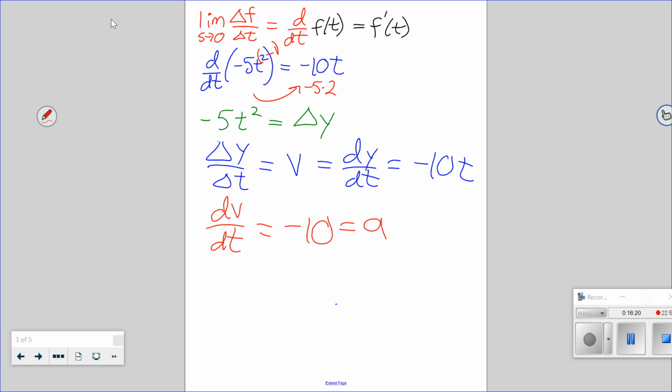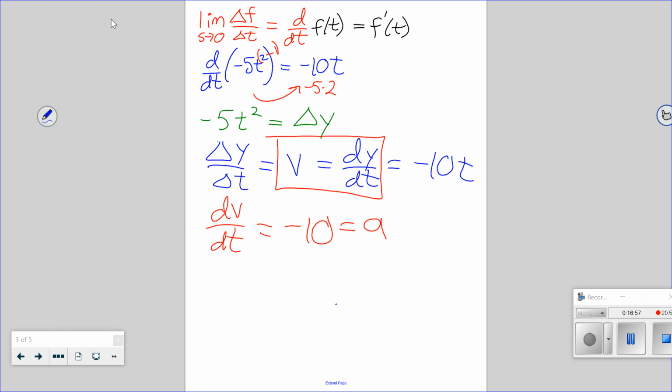So your homework will feature a lot of functions with powers of time. All you do is subtract 1 from the exponent and multiply by the old exponent out front, and you can do it term by term if you have a polynomial, and that's the rate of change. Velocity is now the time derivative of position or displacement, and acceleration is just the time derivative of velocity.